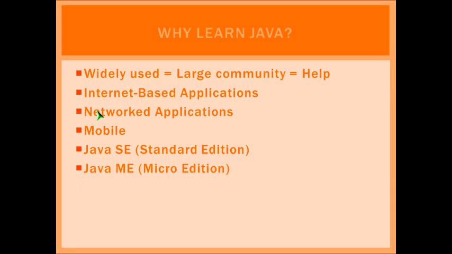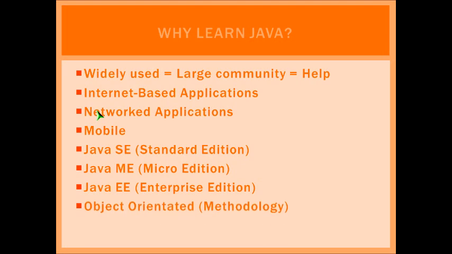You can use it to code, for example, the Raspberry Pi. Then you get Java EE, which is Java Enterprise Edition, which is for larger corporations that have to tackle large-scale problems. And Java is what we call an object-oriented programming language. I will be looking later on in the tutorial at what exactly object-oriented programming means.